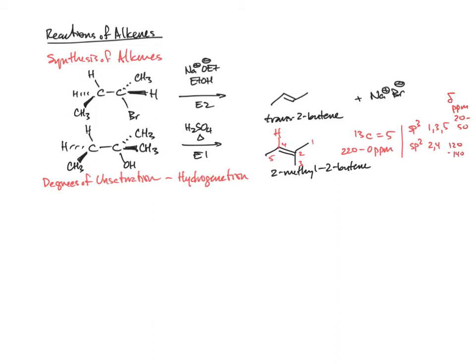So what about the proton? How many unique sets of protons do you see for this molecule? 2-methyl-2-butene. So unique sets, how many total, and then the ratios.